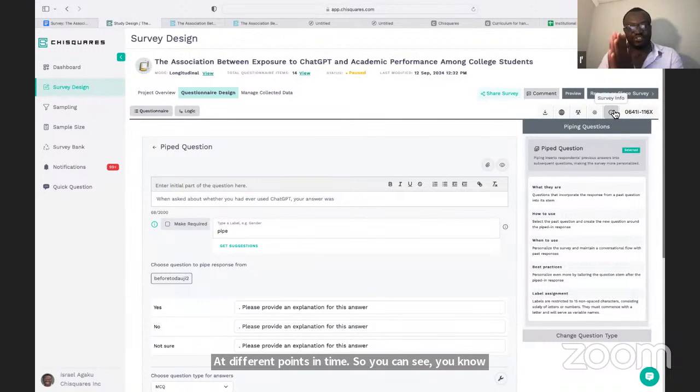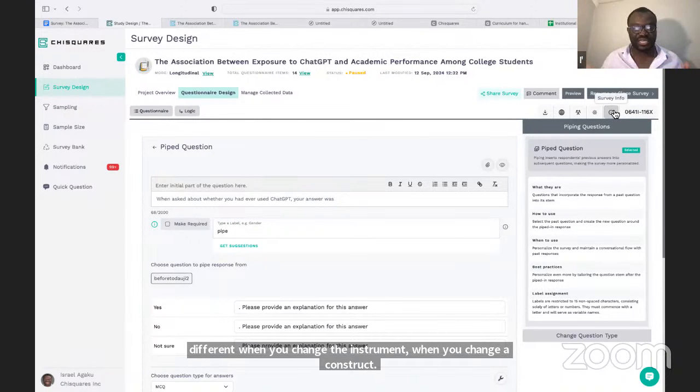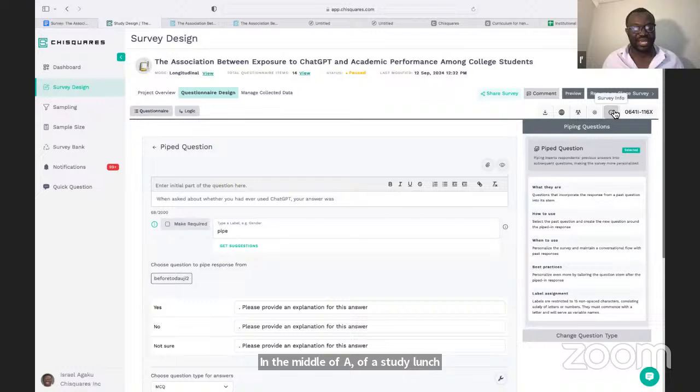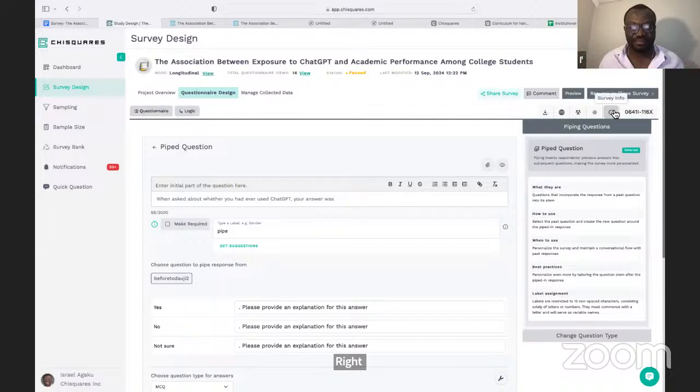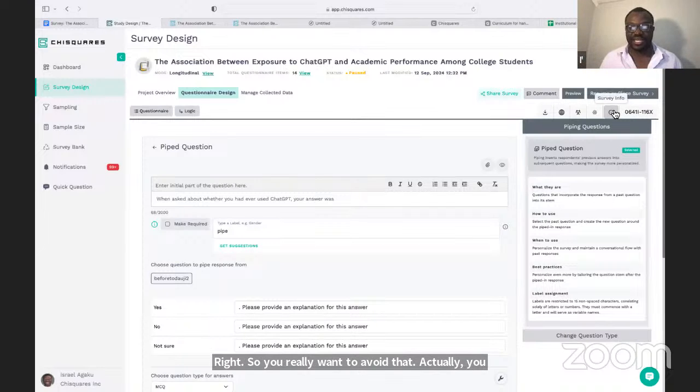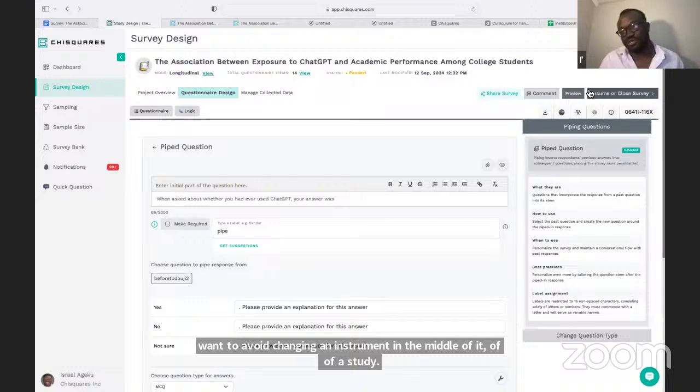When you change the instrument, when you change a construct in the middle of a longitudinal study, it means that you can no longer compare the data before versus after, because there's a change in methodology. You're comparing apples to oranges, right? So you really want to avoid changing an instrument right smack in the middle of a study. But if you want to do that, of course, you can do it.